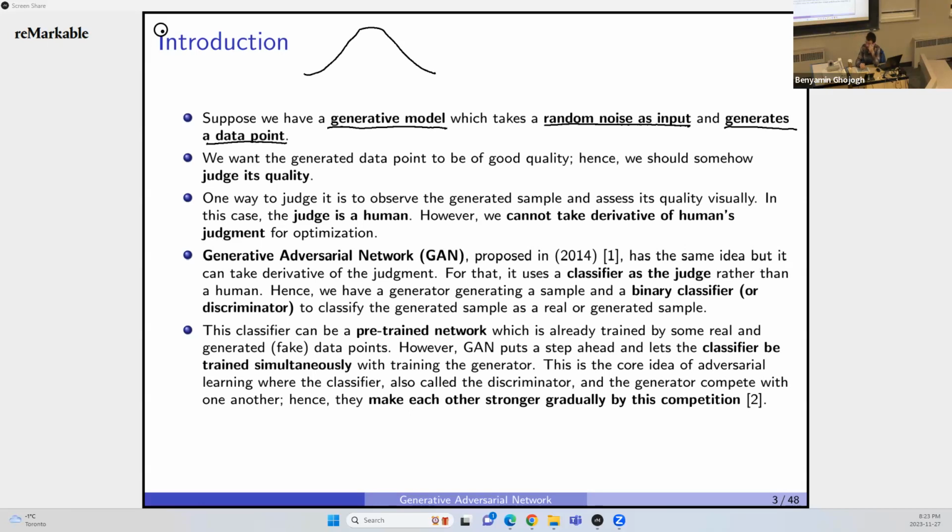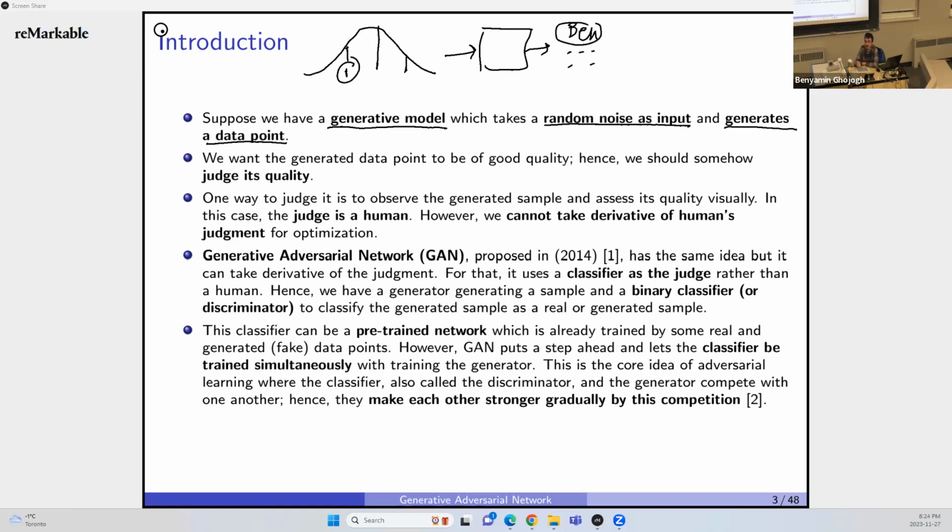So I randomly select this out of this distribution. Then I feed it to my generative model. Here it gives one person, here it gives another person. So everything corresponds to some noise, right?